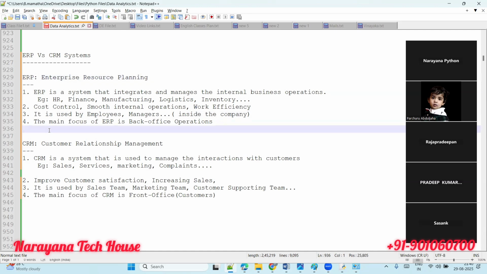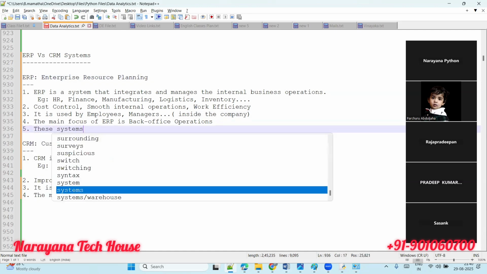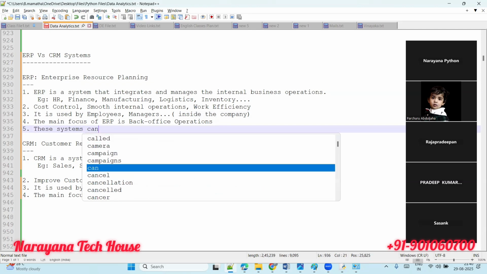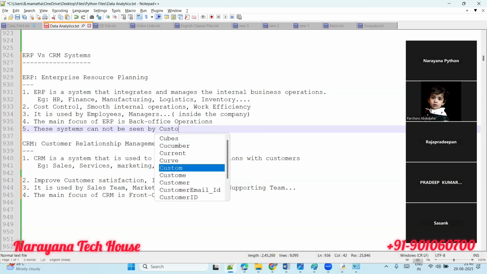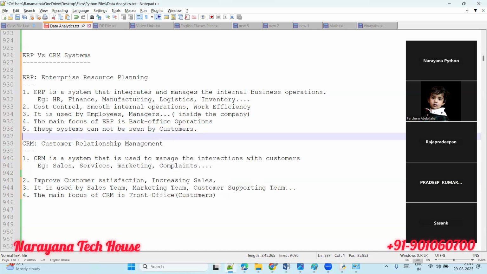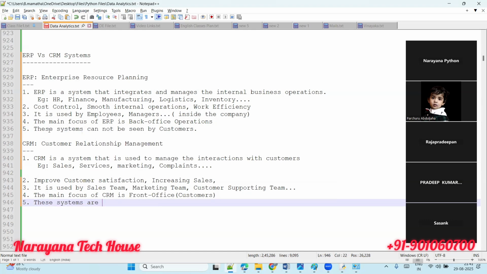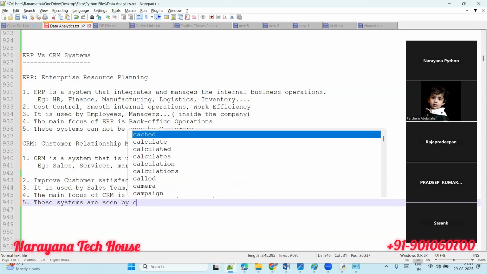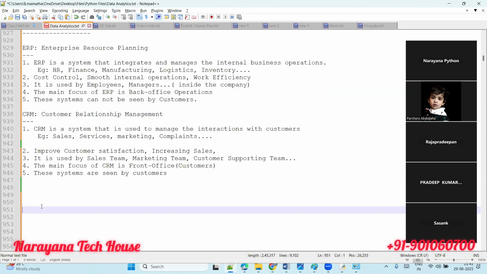These systems cannot be seen by customers, because they are used by internal employees only, right? And here, these systems are seen by customers, guys.